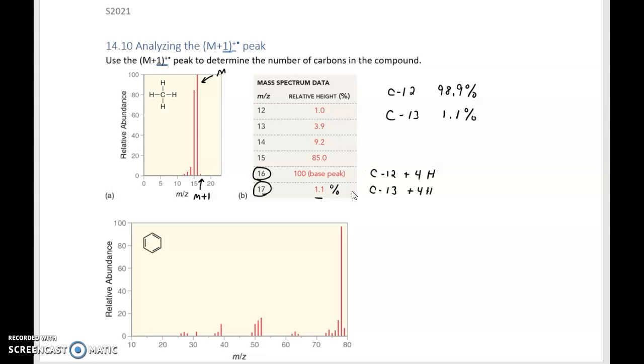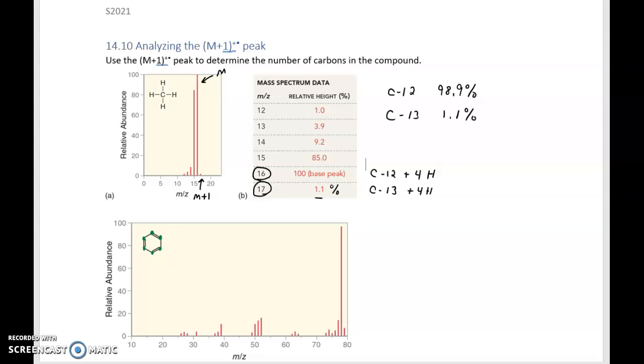If we look at something that's a bit larger, like benzene, we have the possibility that this carbon is a carbon-13. We have the possibility that this carbon is a carbon-13. That would make 2.2, this makes 3.3% chance, and so on around.